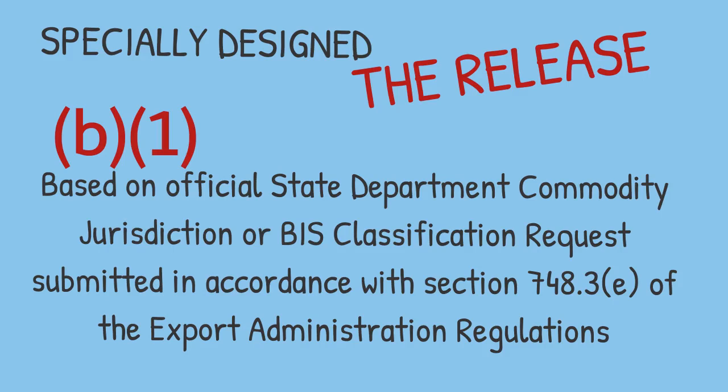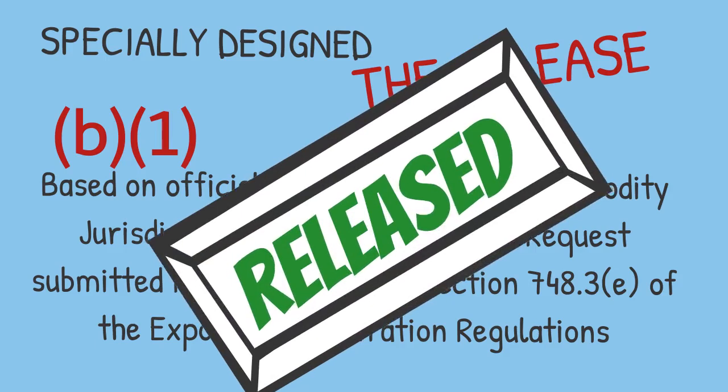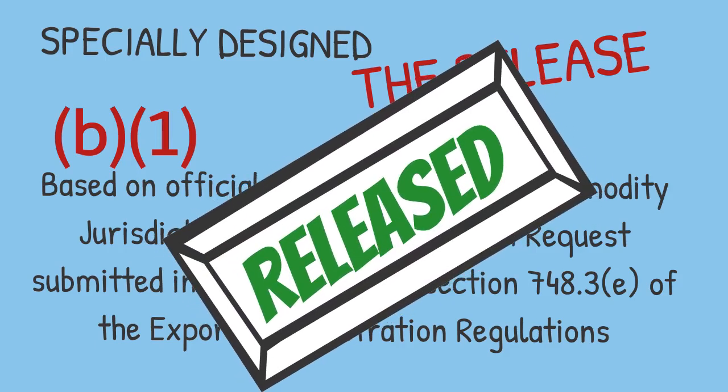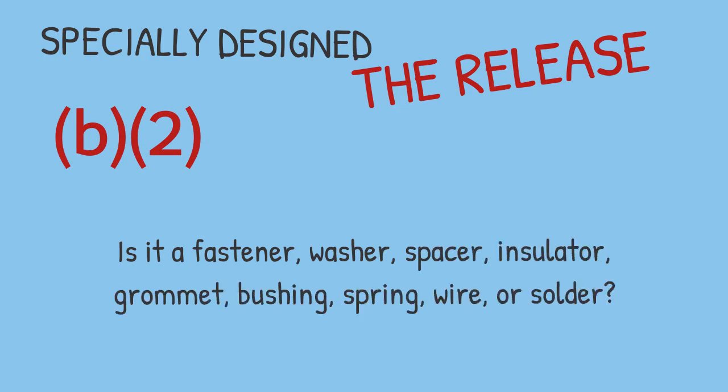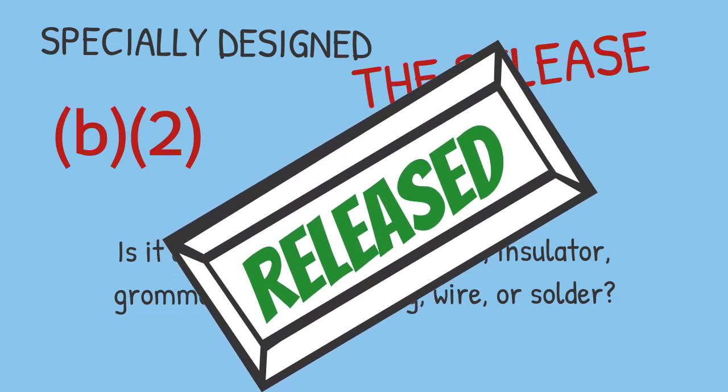In other words, your part is not specially designed if you have a State Department commodity jurisdiction or BIS classification request, cleared by the Departments of State and Defense, that classifies your part as either EAR99 or in an ECCN that does not contain the term specially designed. Paragraph B2 releases parts and minor components that are specified in this paragraph, including fasteners, washers, spacers, springs, or solder.